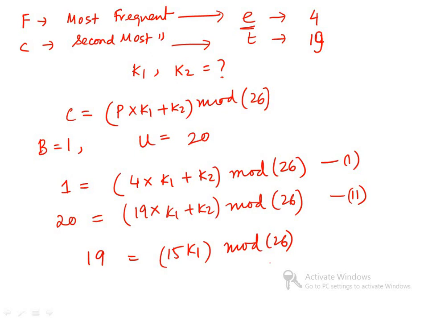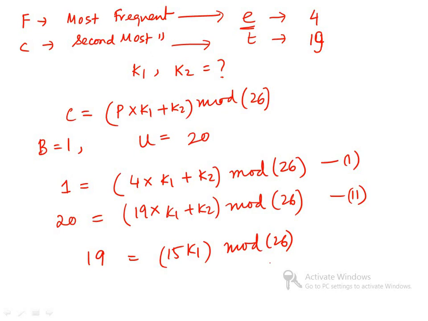K1 should be such that, because 15 multiplied by K1, suppose 15 multiplied by 1, so 15 mod 26, will it be equal to 19? No. If 15 multiplied by 2, then 30 mod 26, no. 3. Okay, 45 mod 26. That is 19. So K1 is 3. So that's how we are going to do it, nothing else.